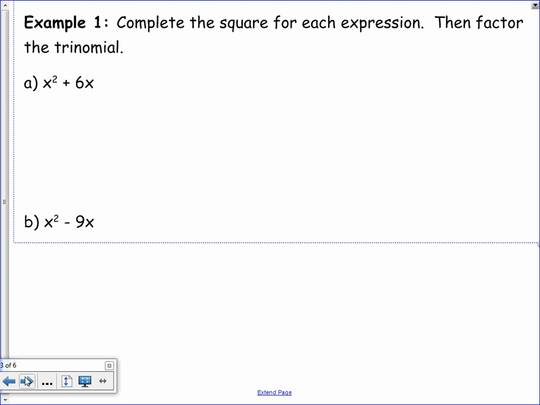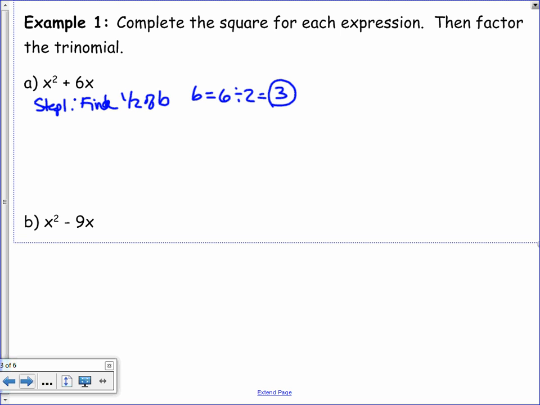Keeping that in mind, our first step when we're trying to complete the square is to find half of b. So b equals 6, and half of 6 is 3.